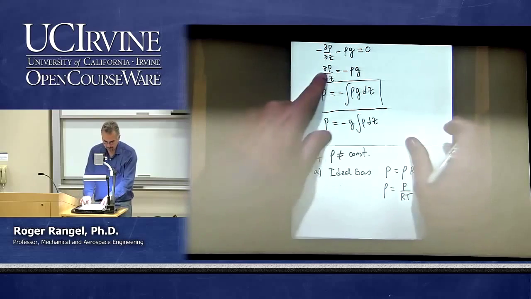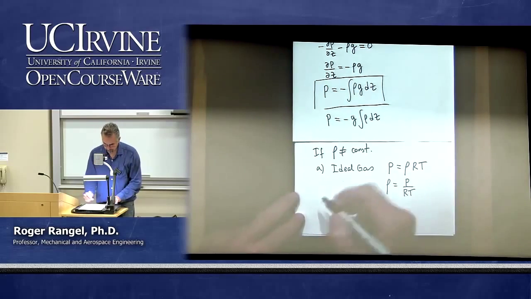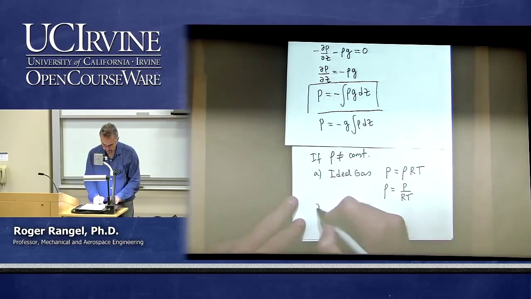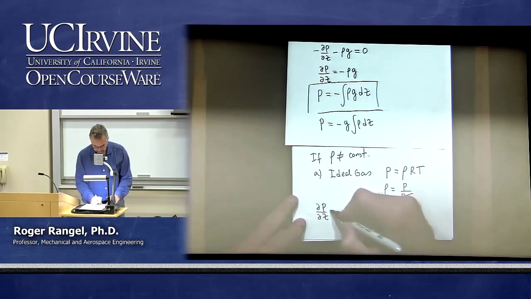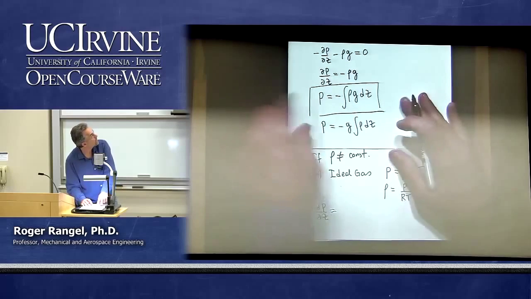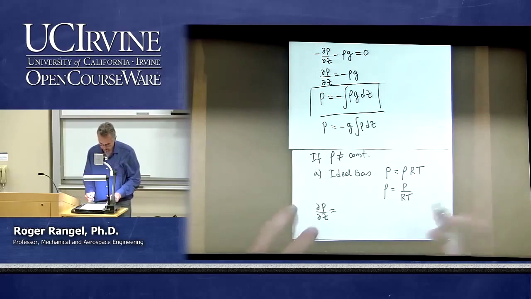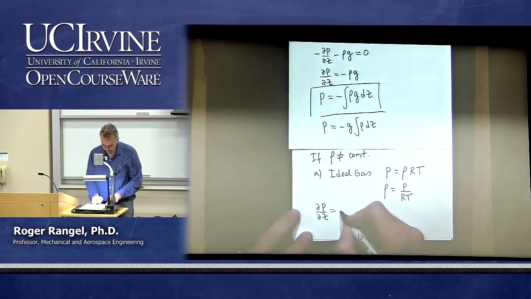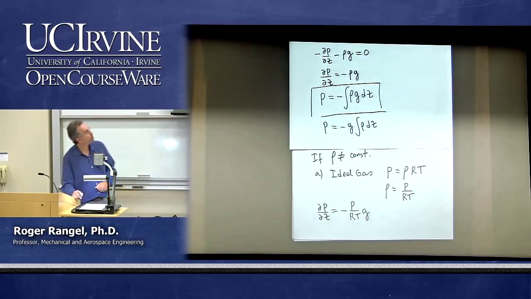And then I can go back to this equation and write dP/dz is equal to, remember, it was minus rho g, but I'm going to plug this in there, so I'm going to have minus P over RT times g.